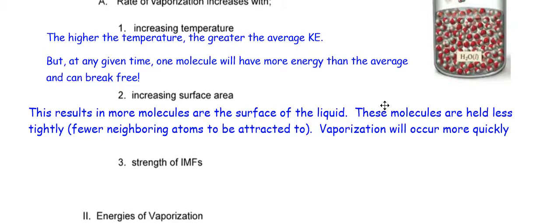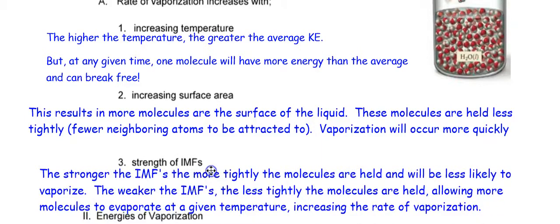You only have the atoms below it to be attracted to and nothing above it. Vaporization will occur much more quickly. And then the other thing to think about is the intermolecular forces. If you have very strong intermolecular forces, the molecules will be held more tightly, and it'll be less likely to vaporize. The weaker the IMFs, the less tightly the molecules are held, allowing more molecules to evaporate at a given temperature, increasing the rate of vaporization.